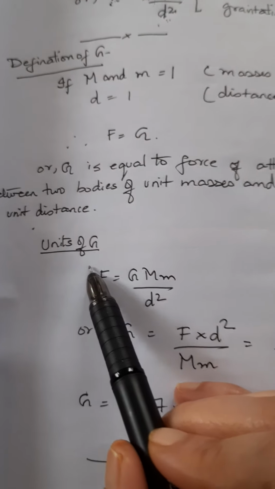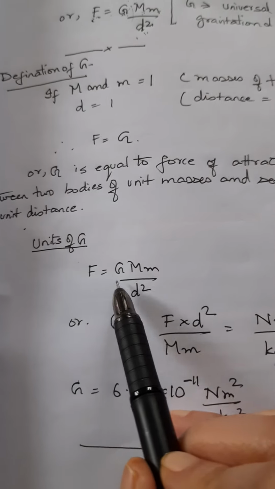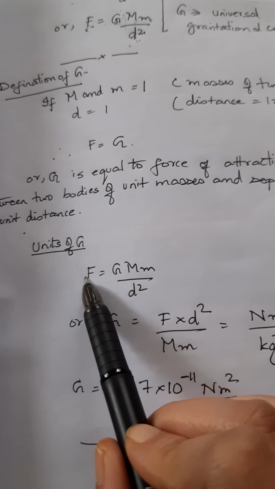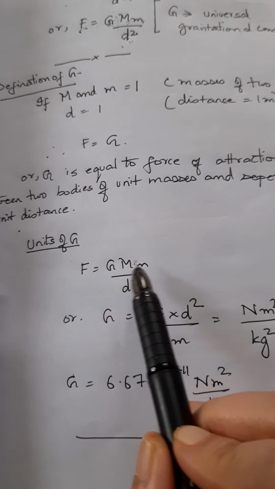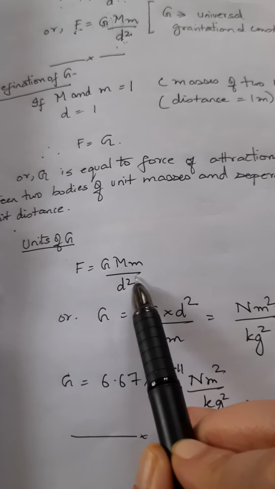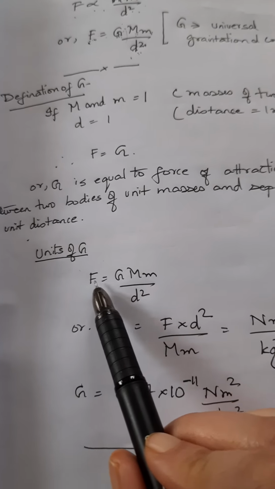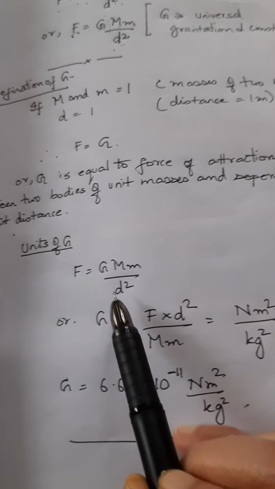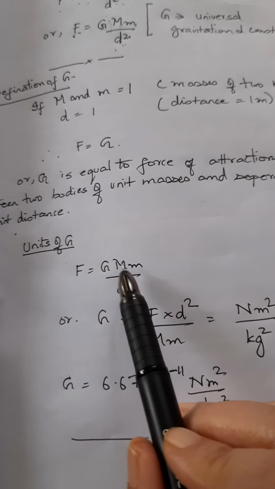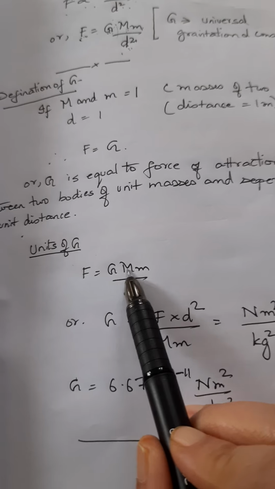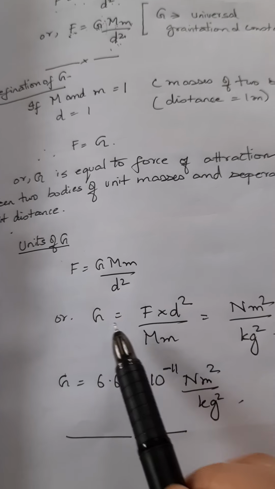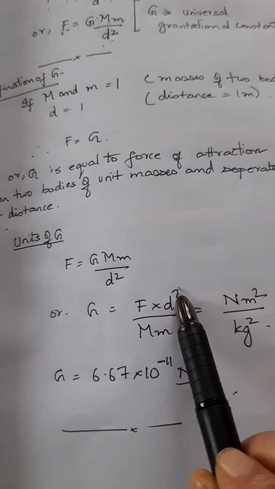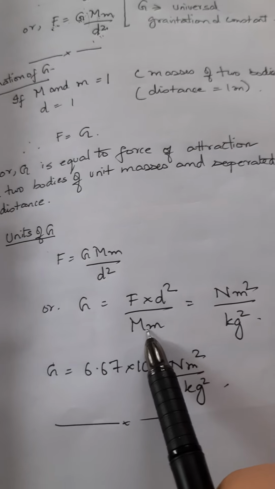Now we want to look at the units of G. Again I look into this equation, F is equal to G M m divided by d square. I take G on one side, F I multiply with d square, and M into m comes down, that is G will be equal to F into d square divided by M into m.